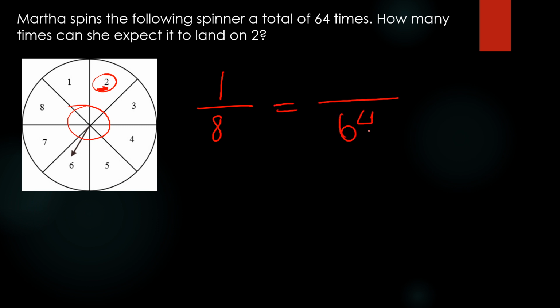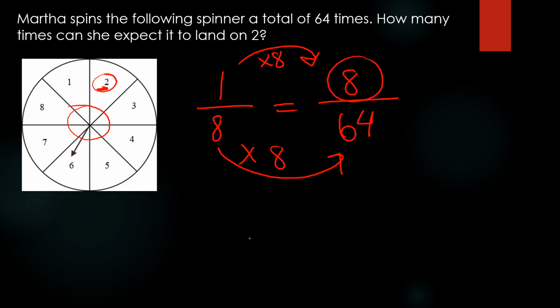She's going to spin it 64 times. So if I were to take 8, I need to multiply it by some number to get to 64, right? 8 times 8 gives me 64. So let's do the same to the top. 1 times 8 is 8, which means Martha here should expect to land on the number 2 a total of 8 times if she spins this spinner 64 times.